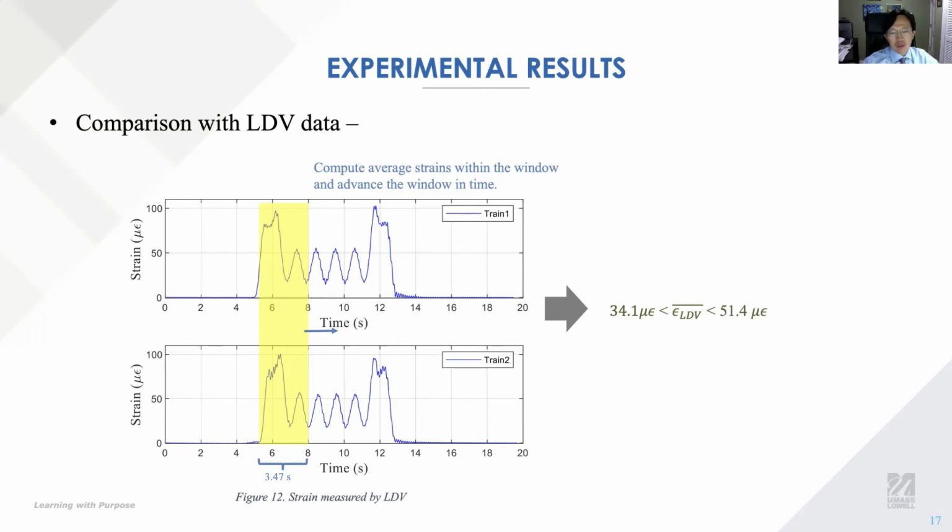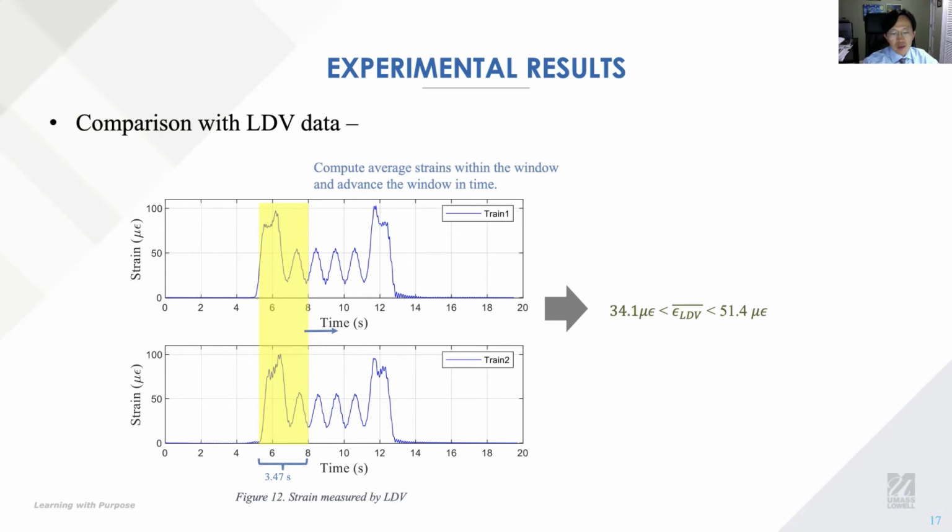The optical fiber sensor interrogator takes about 3.47 seconds to produce a measurement. In order to compare the sensing textile measurements with the LDV measurements, we had to average the LDV measurements in time. So we used a 3.47-second window to calculate the average strain.